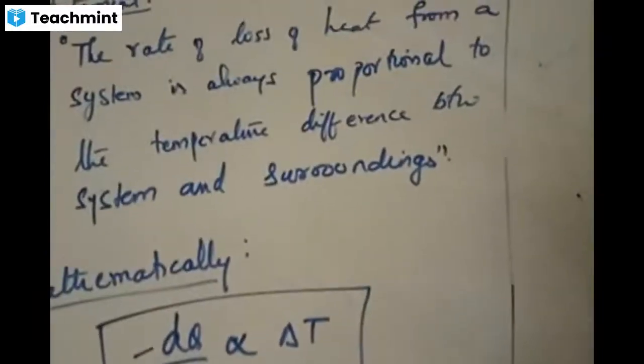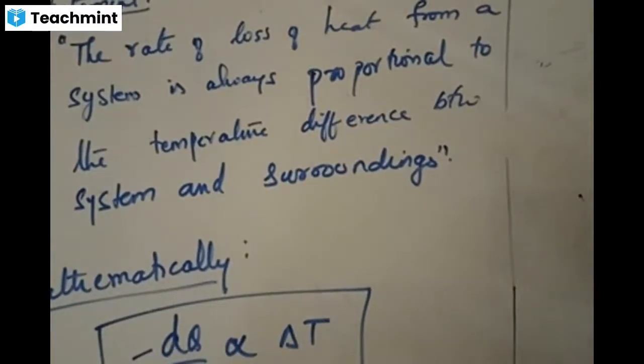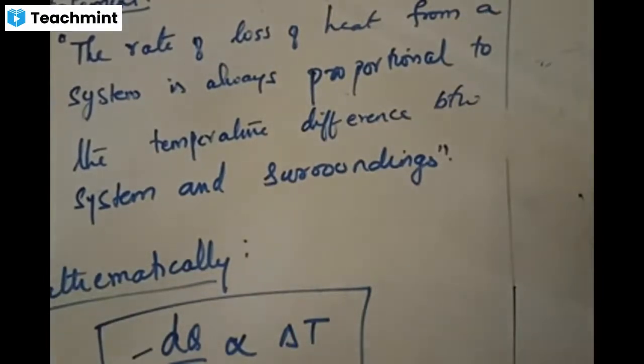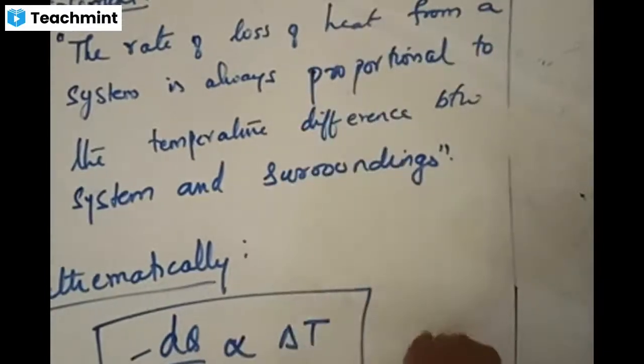Newton's law of cooling says that the loss of heat from a system is always proportional to the temperature difference. Simple thing. If the temperature difference between the system and surroundings is very large, then loss of heat also takes place at a faster rate. The more the temperature difference, the more quickly it cools down. Initially it cools down at a quicker rate, and slowly, because it is coming from a higher temperature to a lower temperature.